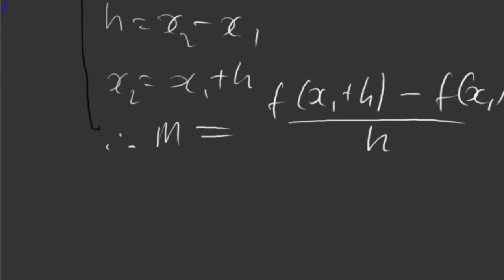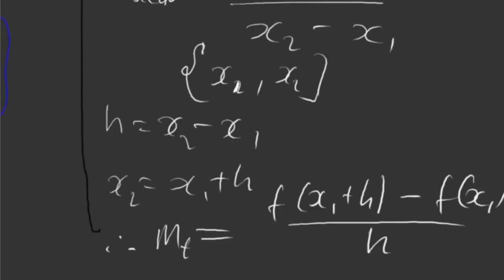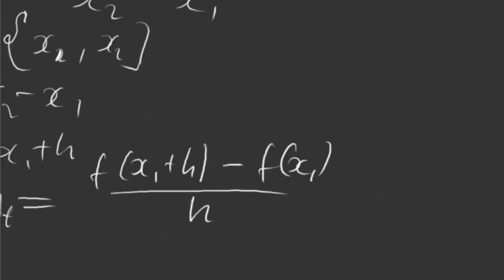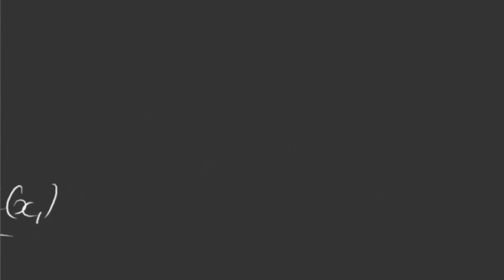So that will be the formula for finding the tangent, because as we were doing with the graph, moving the point Q to P, we were actually reducing the distance, reducing the difference.